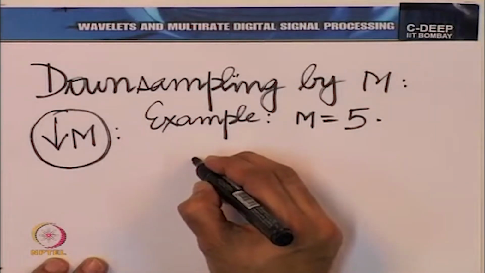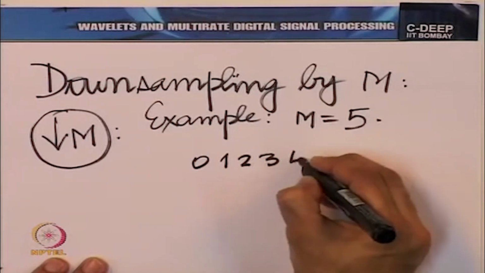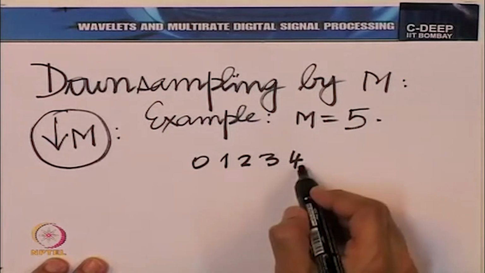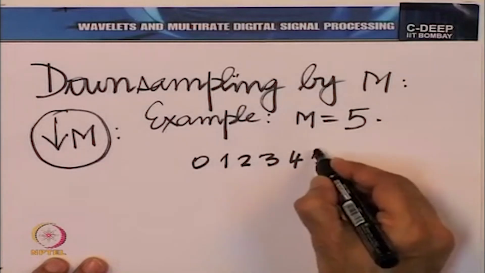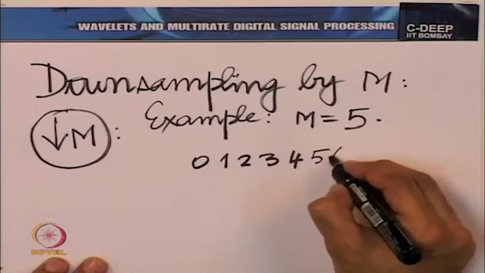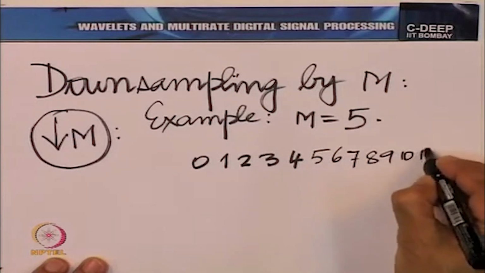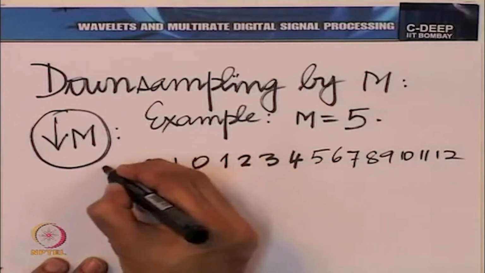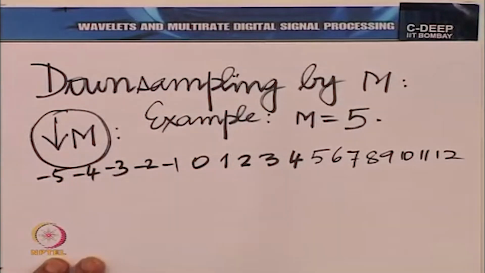So, I have these samples here 0, 1, 2, 3, 4. Now, what I am writing here, please remember, are the indices of the samples, not the values of the samples. So, 0, 1, 2, 3, 4, 5, 6, 7, 8, 9, 10 and 11 and so on. And similarly, on this side -1, -2, -3, -4, -5 and so on.